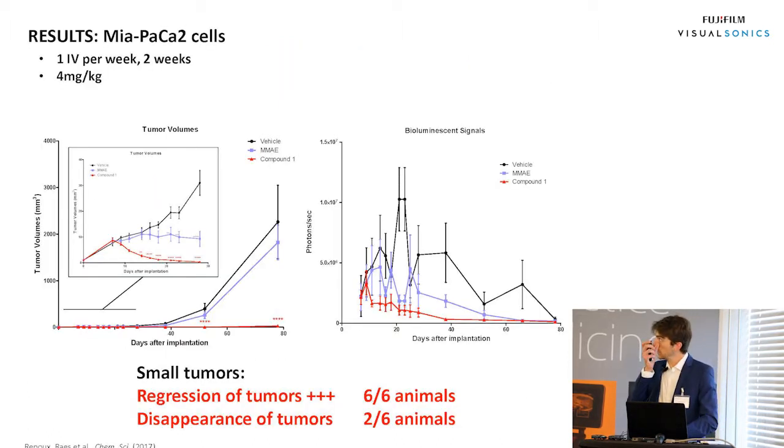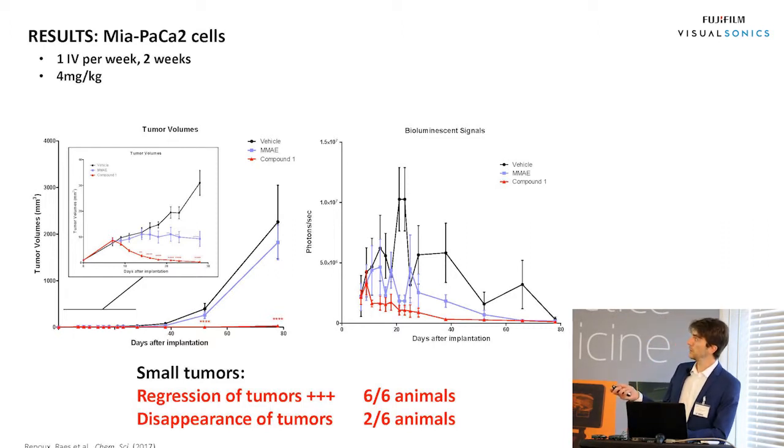For the first cancer model, the pancreatic cancer model, we used 1 IV per week during 2 weeks at 4 milligrams per kilogram. And for these really small tumors, 10 millimeter cube, we observed a decrease in tumor volumes measured by 3D ultrasound as compared to the free MMAE and the vehicle group.